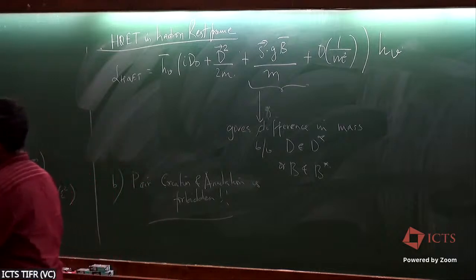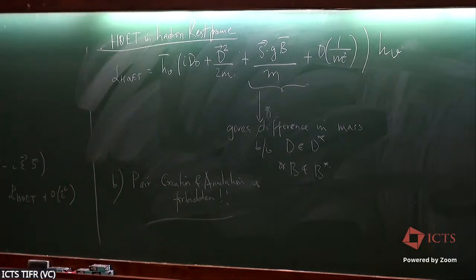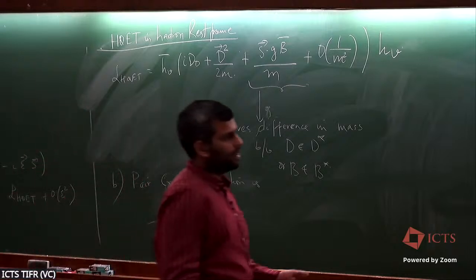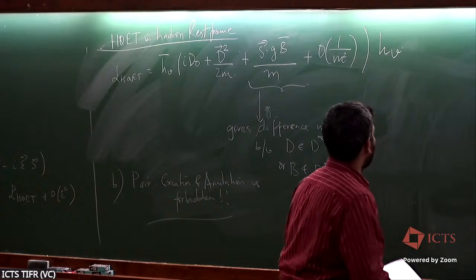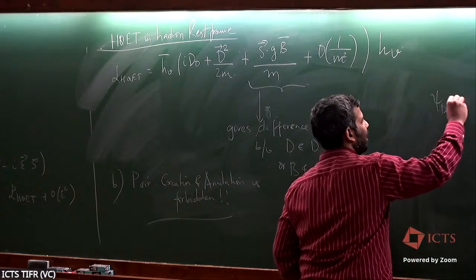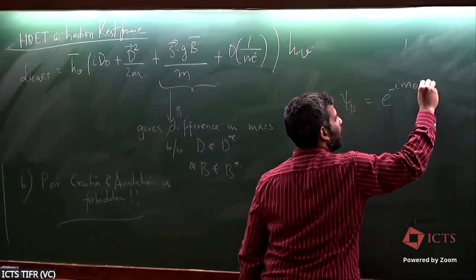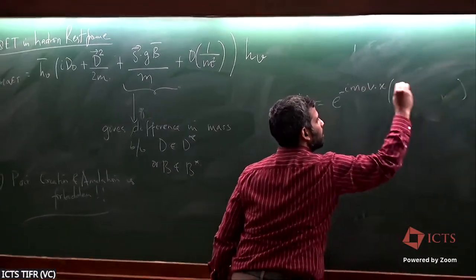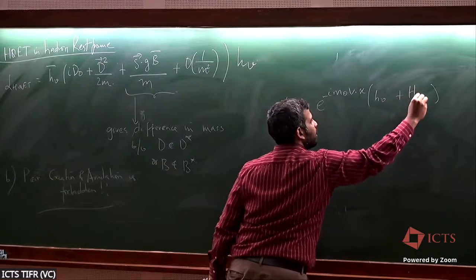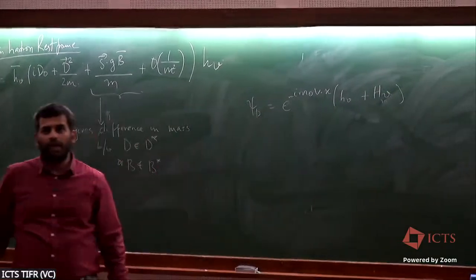Now, you should note that this way of deriving the HQET Lagrangian, where I use this mode expansion and pull out the phase, like when I wrote this Dirac field as e to the minus i m_Q v dot x times h_v plus H_v, is at tree level.